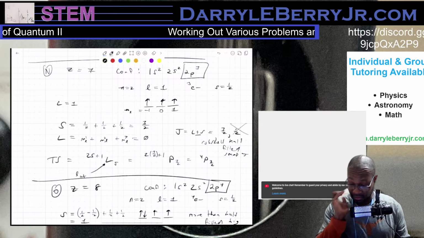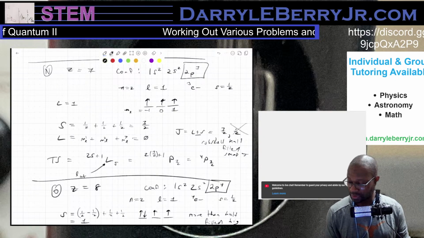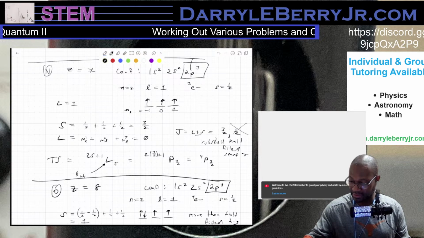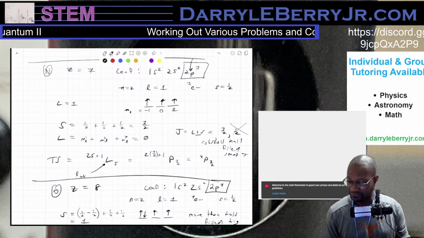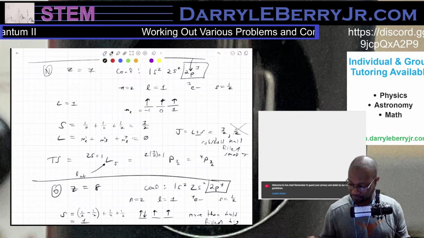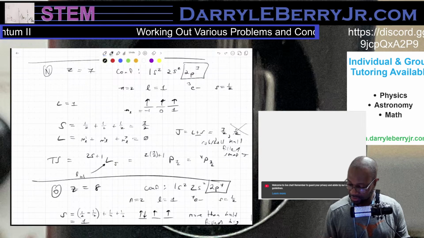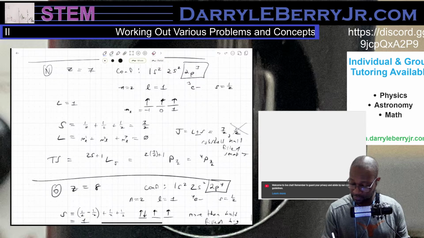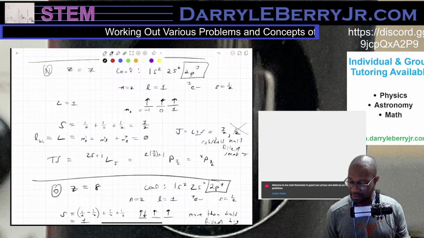The big L is basically L total, which is not necessarily the same thing as the L in the configuration. So in this one, the L total equals big L is ML1 plus ML2 plus ML3.